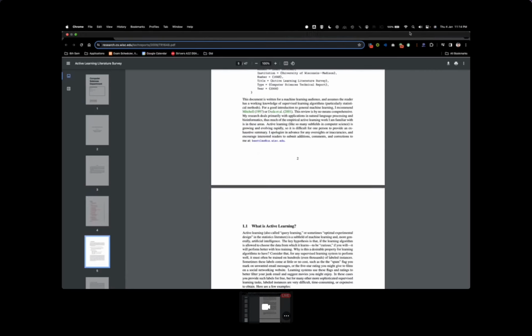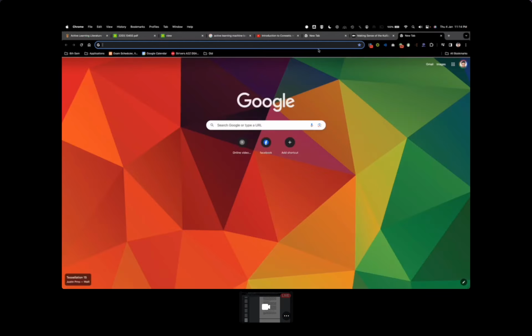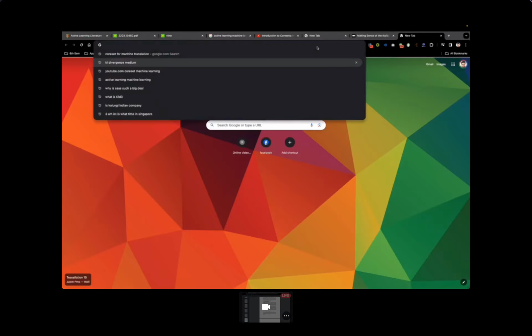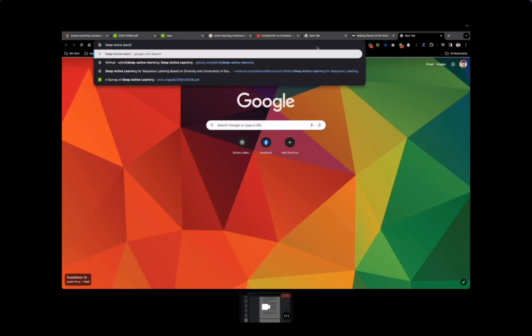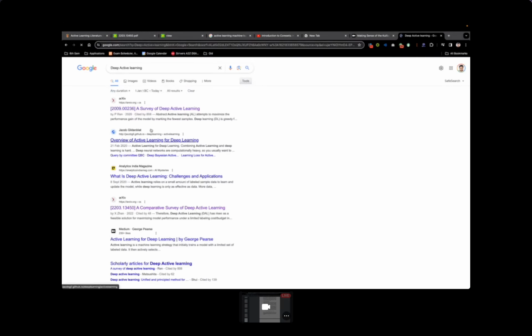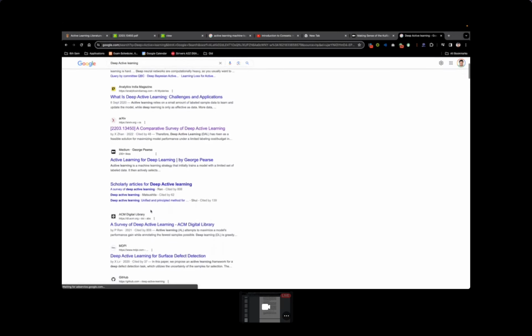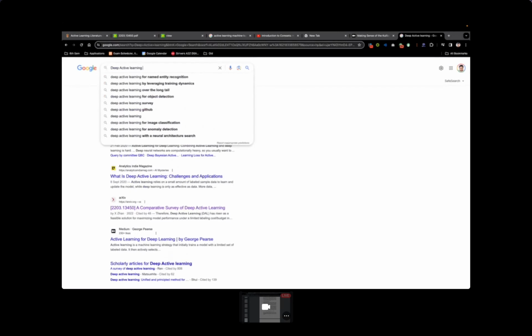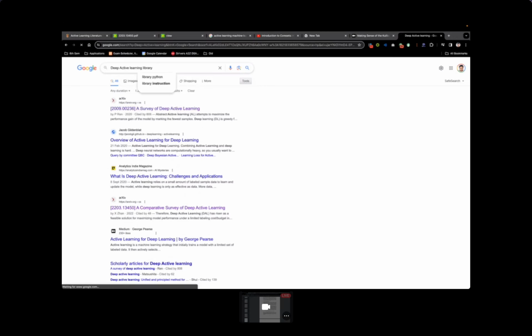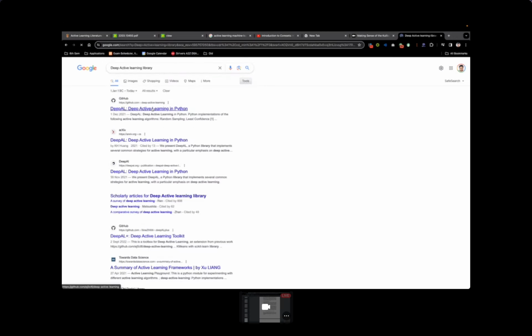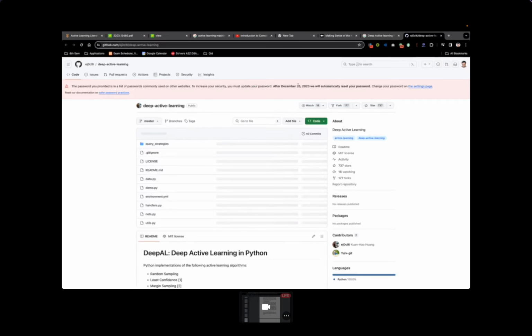In the last few minutes, what I want is I can show you some frameworks. For example, deep active learning. There are lots of papers, and this one, DPL. This is very common in the industry, active learning, not in academia.